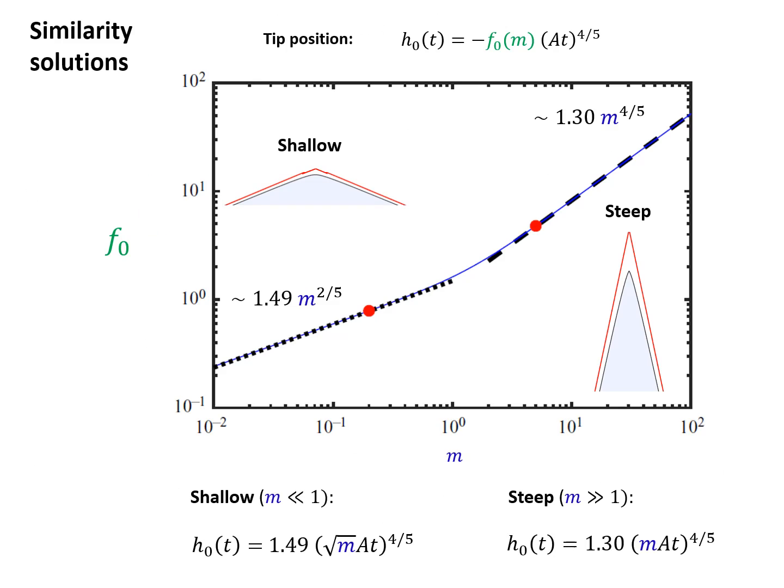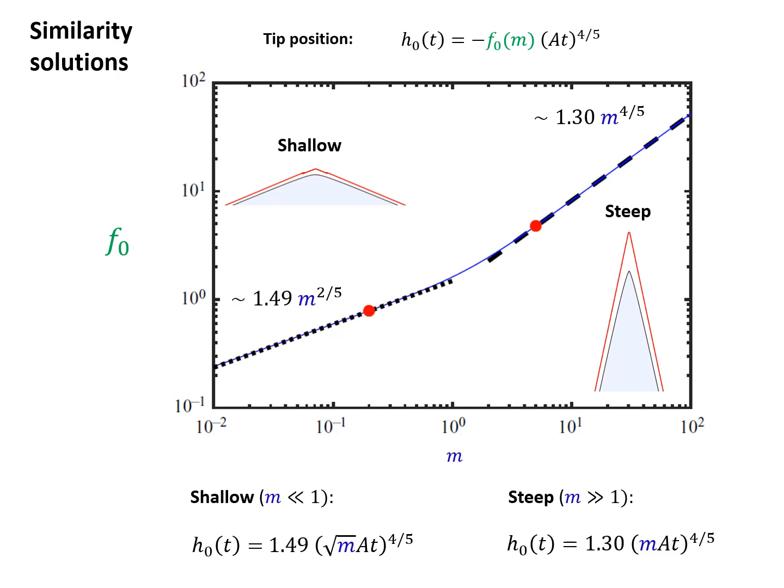What this plot shows is the prefactor to the tip descent position, which we call f0, as a function of that parameter. This shows every single solution that's possible in this case. We can see here that there is a spectrum of solutions which bridge shallow situations to steep situations.